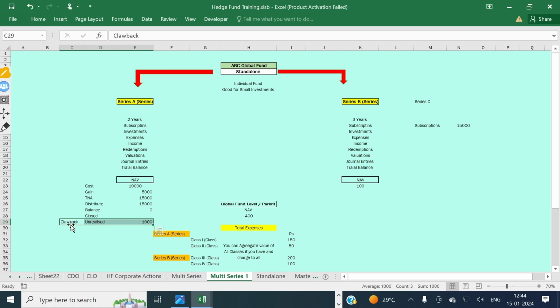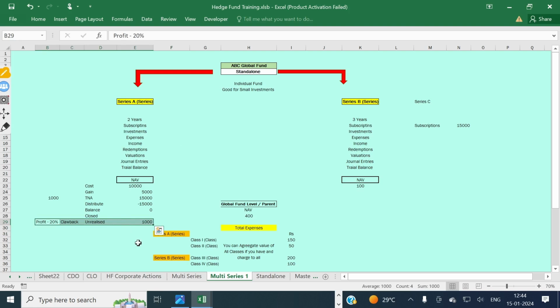A fund manager receives commission or profit, right? So in this particular deal, we have 5,000 profit. If I calculate 20% of 5,000, it comes to around 1,000. Let's say my profit percentage is 20% as a fund manager.